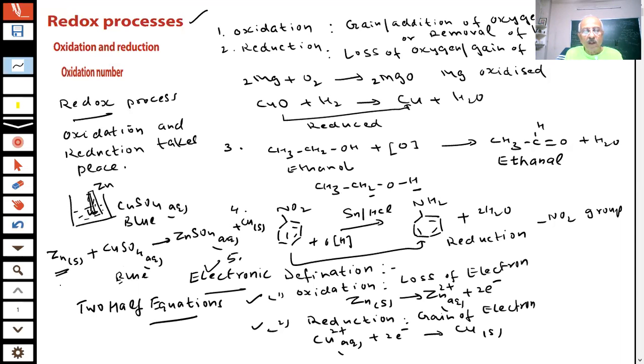I have represented two half reactions for this. Whether you write this or this, they are the same thing. I have written this in two parts. I have said this reaction can be written as two half equations. What is the meaning of this?